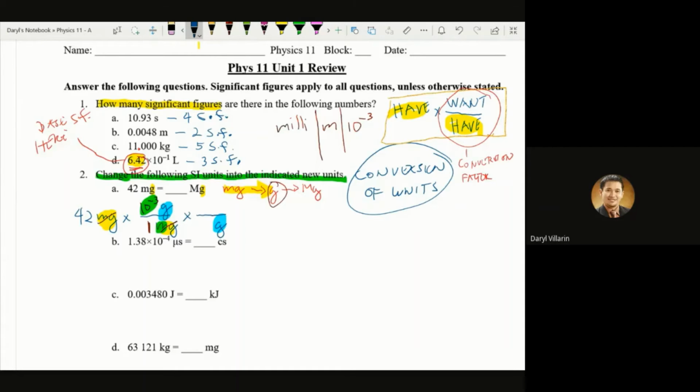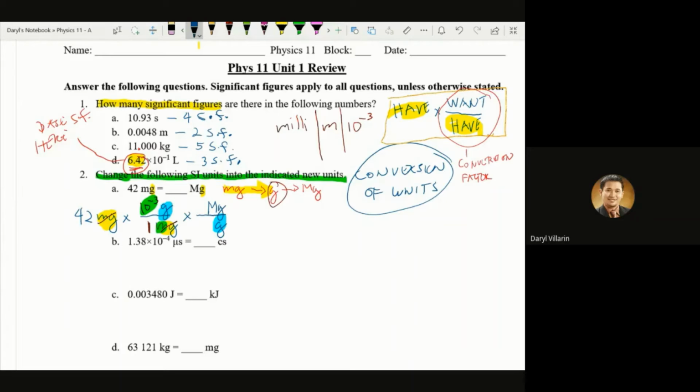The reason for that is the unit that I have, and then the unit that I want is megagram. So always start with that. Don't place the corresponding value first when you do your conversion factor.